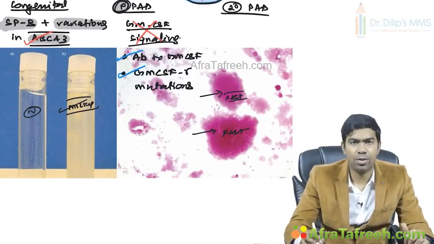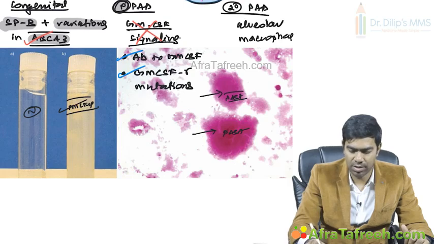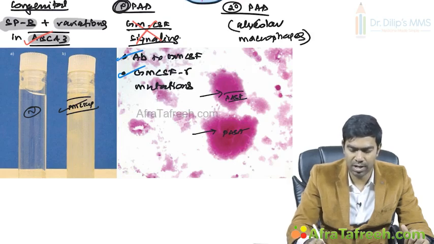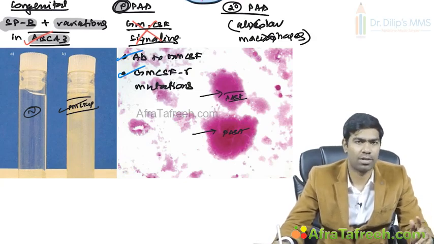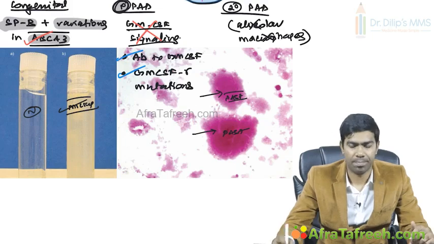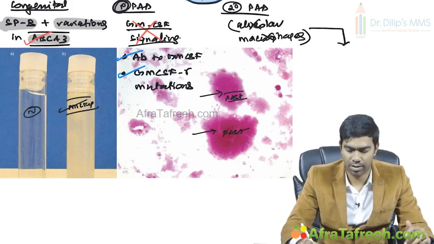Secondary PAP is generally due to a problem in the alveolar macrophages. These alveolar macrophages are crucial in clearing this surfactant. Suppose there is any disruption of the alveolar macrophages, that will result in poor clearance of the surfactant, accumulation of surfactant, and result in PAP. So what are the conditions that can disrupt the function of these alveolar macrophages in clearing the surfactant?